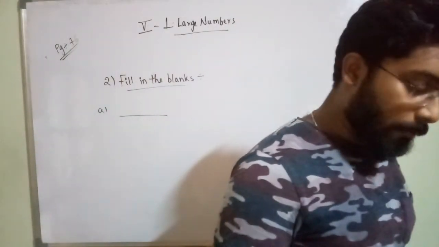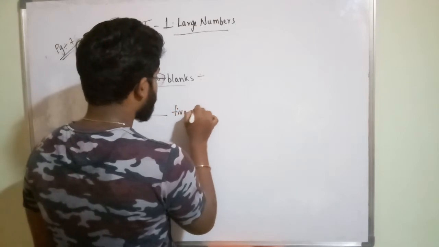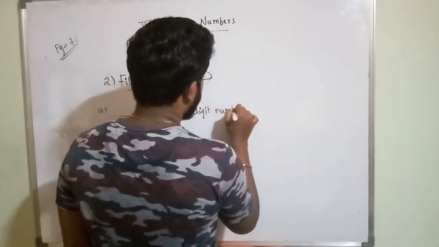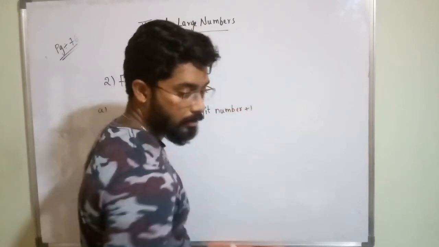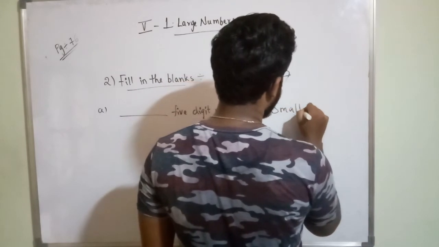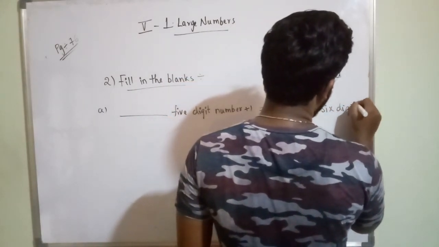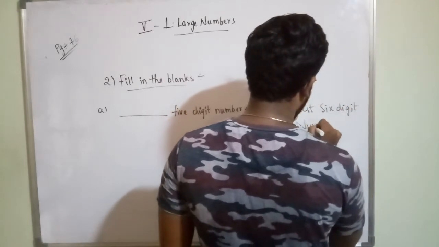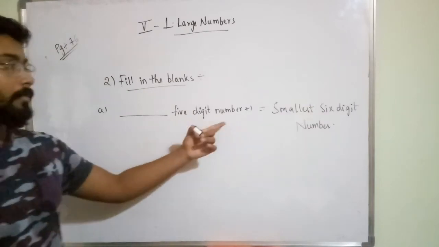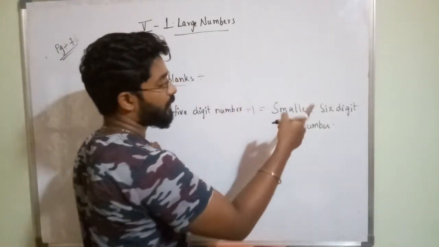Dash 5 digit number plus 1 equal to smallest 6 digit number. So after which 5 digit number, if you add 1 to that number, will you get the smallest 6 digit number?